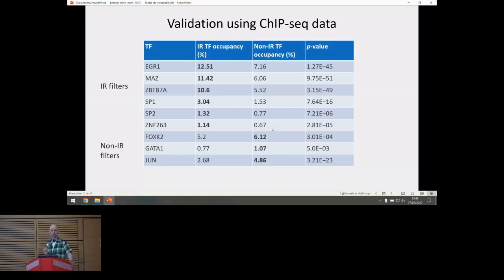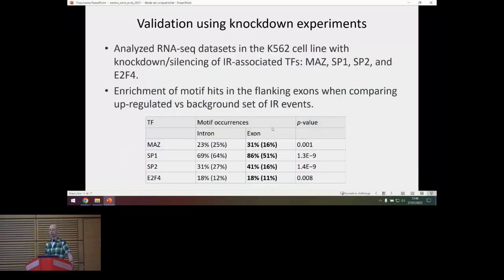The transcription factor occupancy measured from ChIP-seq data for these IR filters was much higher in the retained introns versus the non-retained introns, with the opposite for the non-IR filters. And our nice reviewers at Genome Biology also suggested that there are knockdown experiments for some of these transcription factors, and we analyzed those data sets as well.